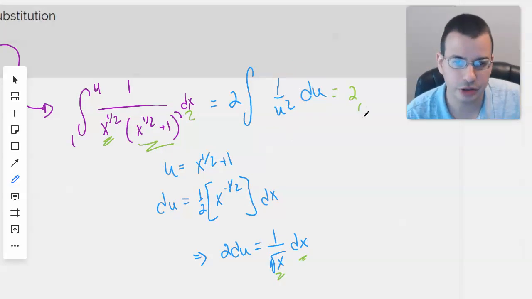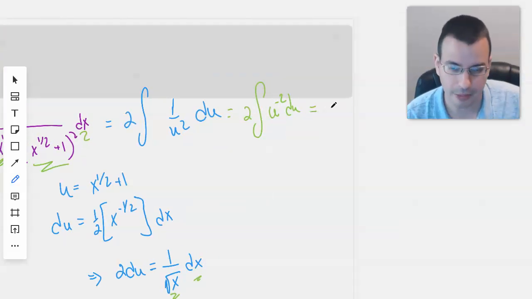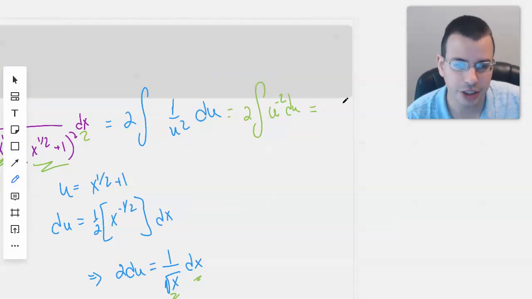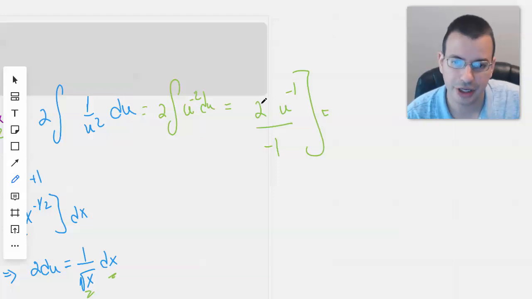So we have 2 times the integral of u to the negative 2 du. We can use the power rule on that, so it'd be 2 times u to the negative 1, divided by negative 1, which gives us negative 2 over u.